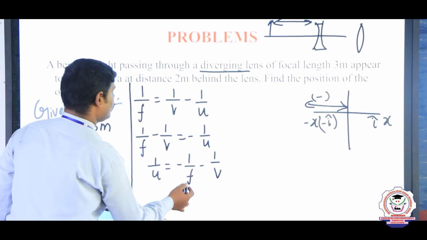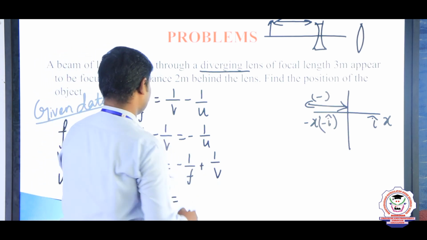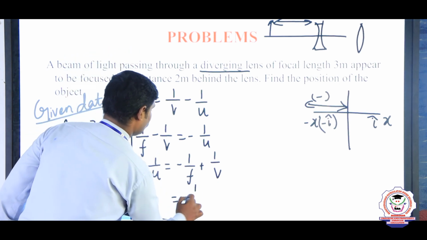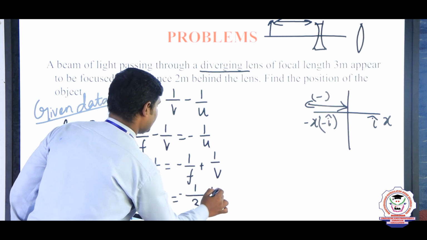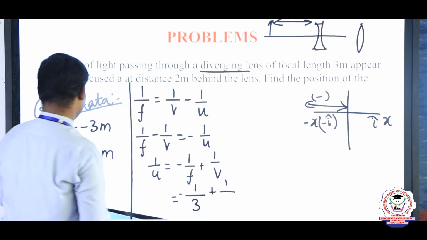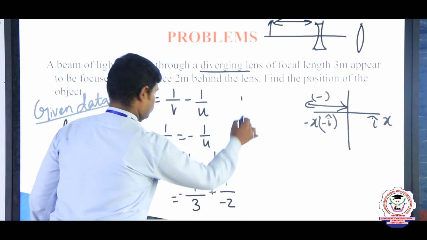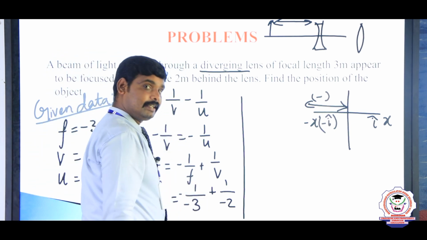So, 1 by u is equal to minus 1 by minus 3, then plus 1 by minus 2, right. Here also minus into minus is plus.